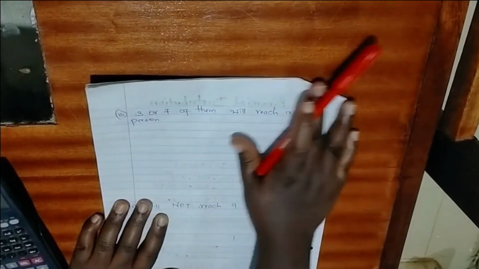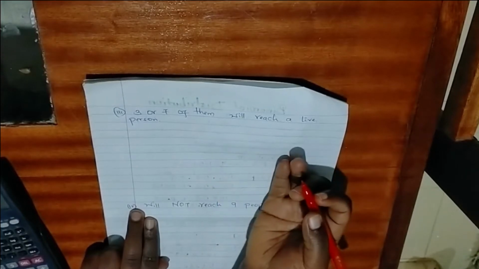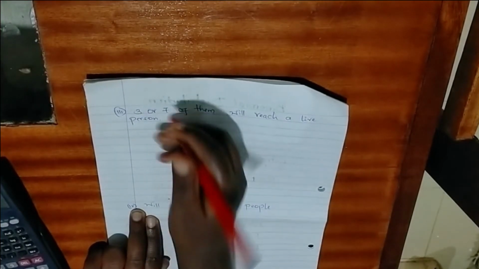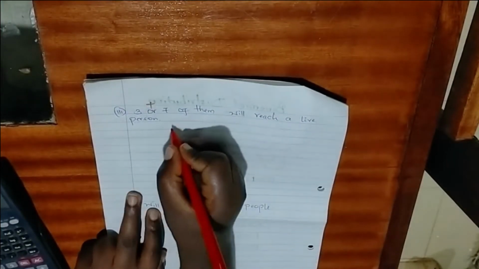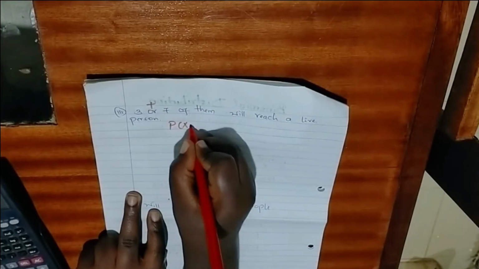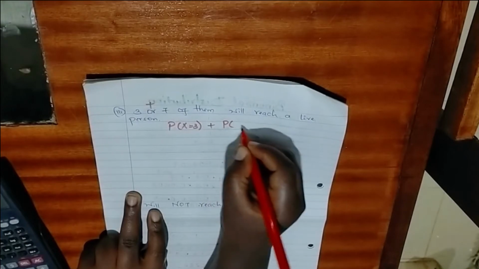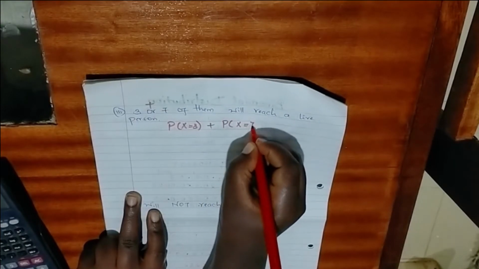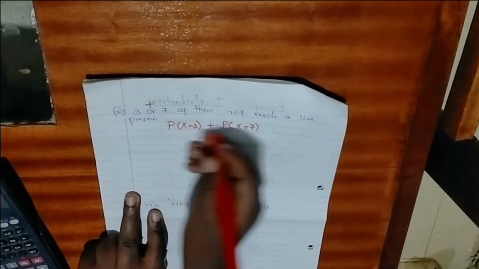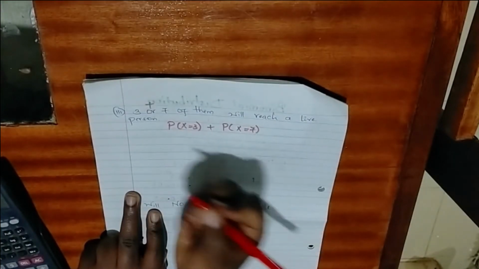Here now we have the probability of reaching 3 or 7, which is addition. What you're looking for is the probability of reaching exactly 3 or the probability of reaching exactly 7. So compute each case independently.